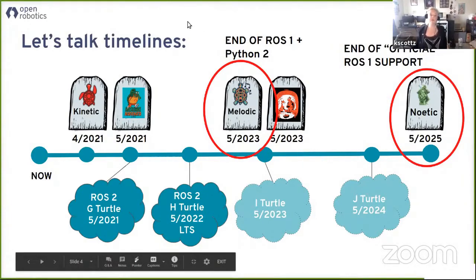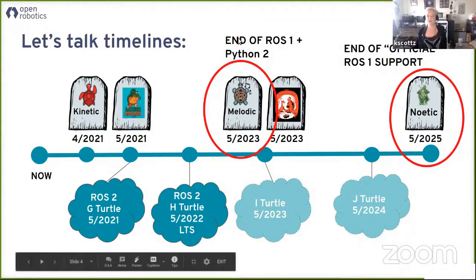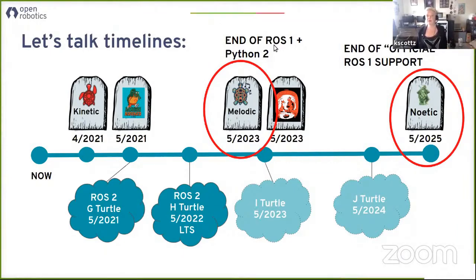The first thing that you really need to think about is that in 2023, when Melodic goes end of life, that will be the end of support for ROS1 plus Python 2. And then in 2025, that's the end of official ROS1 support. Now, this is official support by Open Robotics. People are allowed to go and continue using things, updating them. It's just the official support will end.